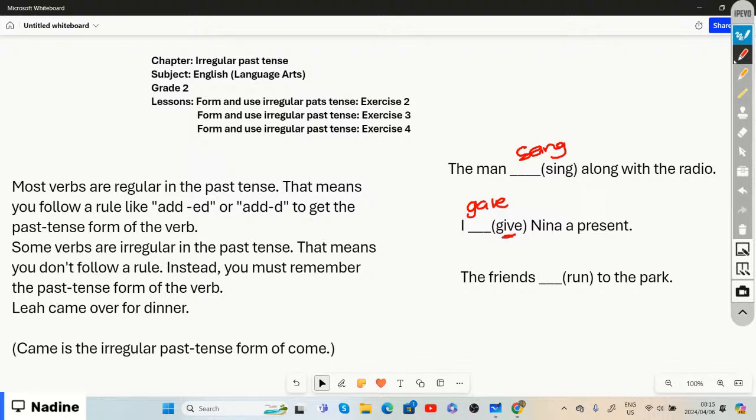And now the last one. It says the friends ran to the park.